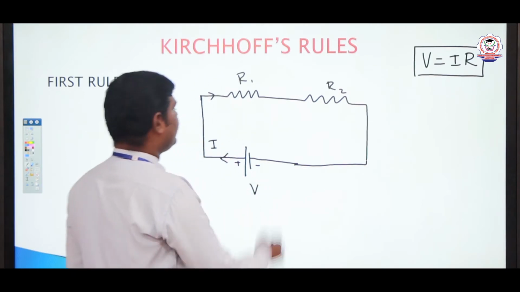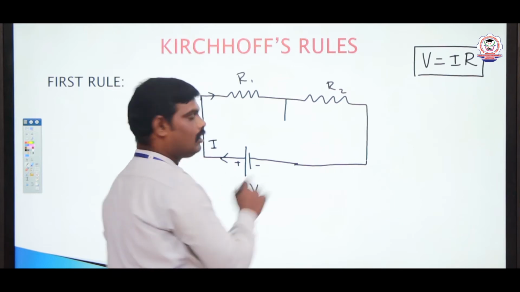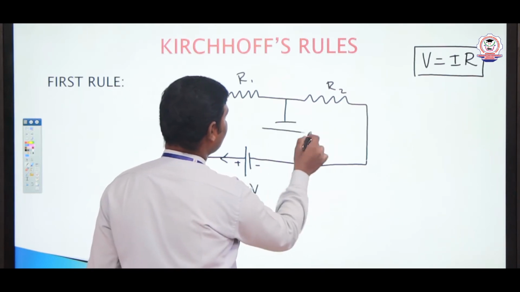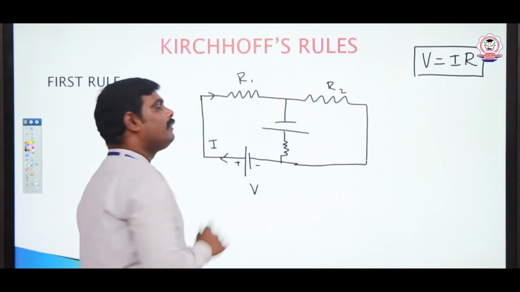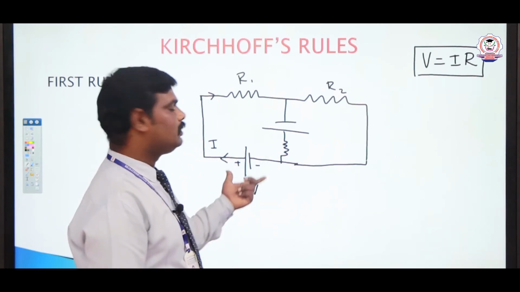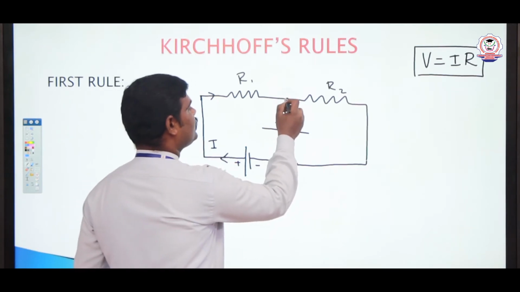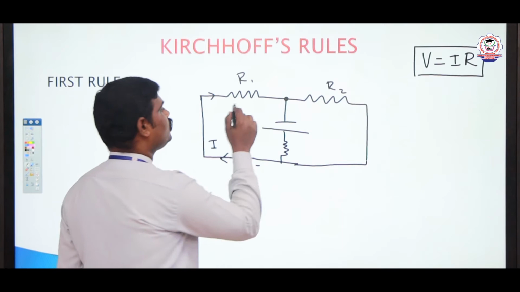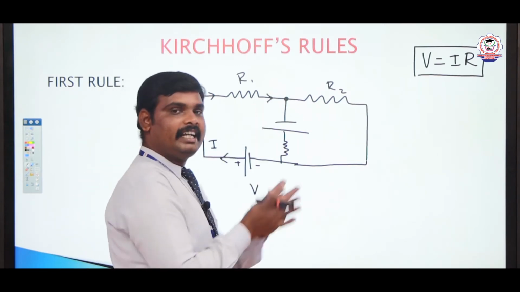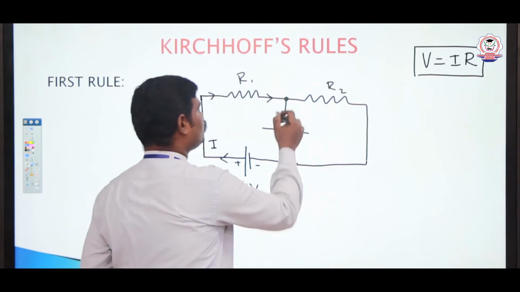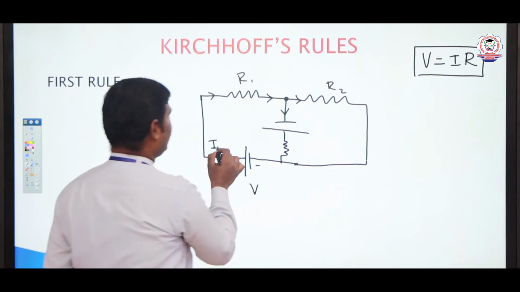But given a critical circuit, we cannot find out how much current is flowing, because here we have one junction. When this current meets this junction, it will be split into two.